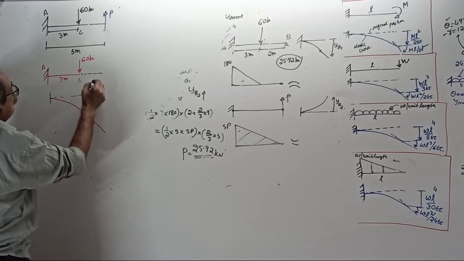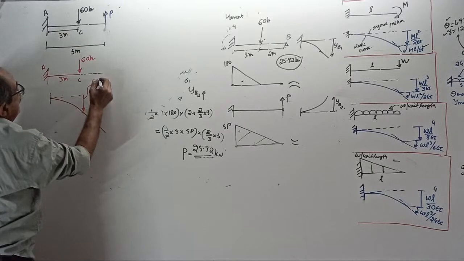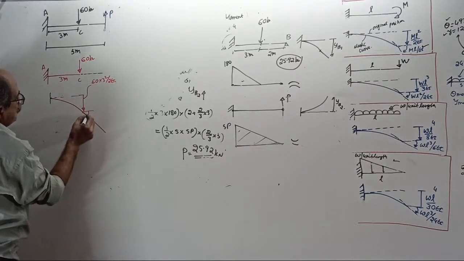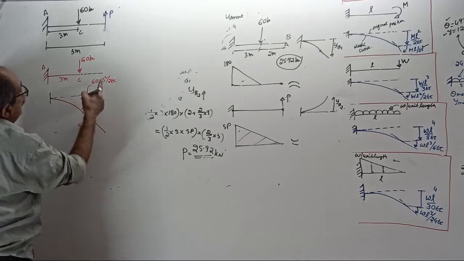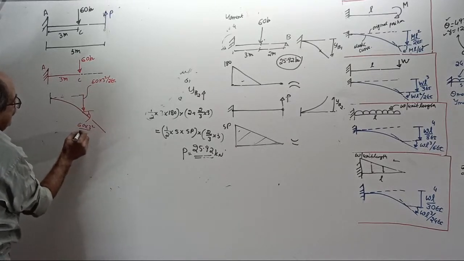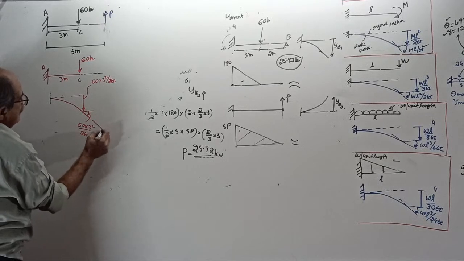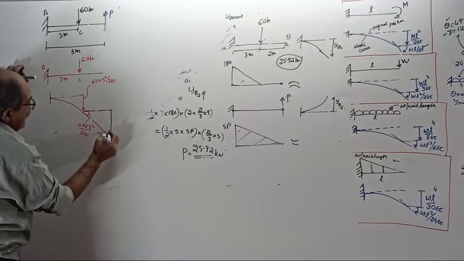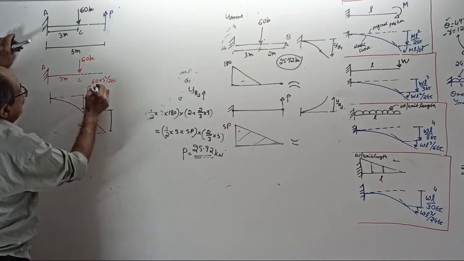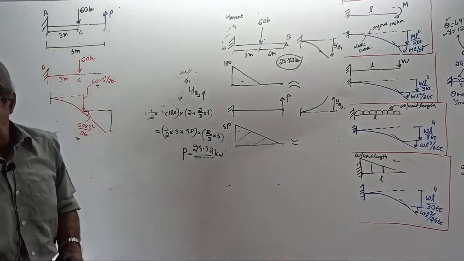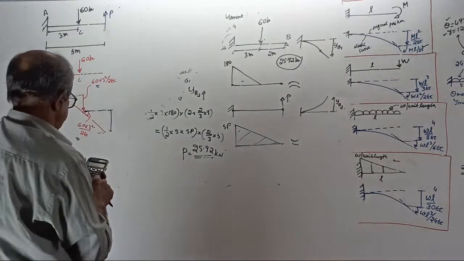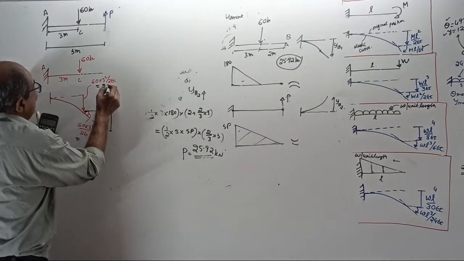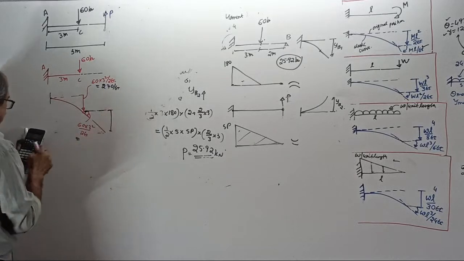This deflection equals 60 into 3 square by 2 EI. This slope equals 60 into 3 square by 2 EI, which is 270 by EI.